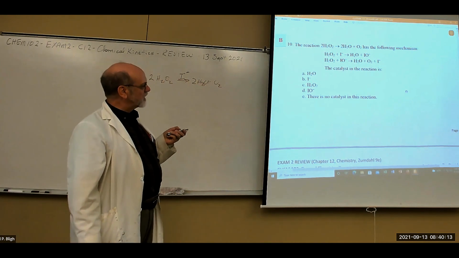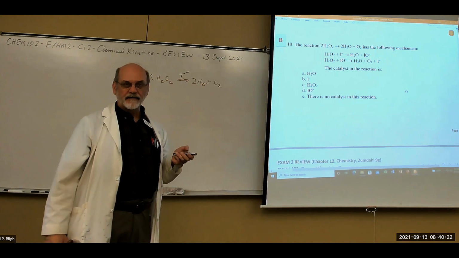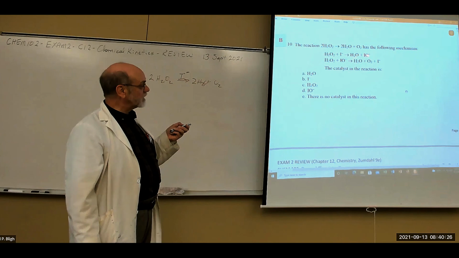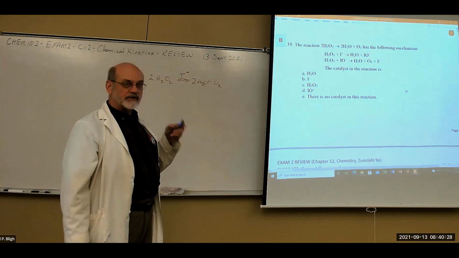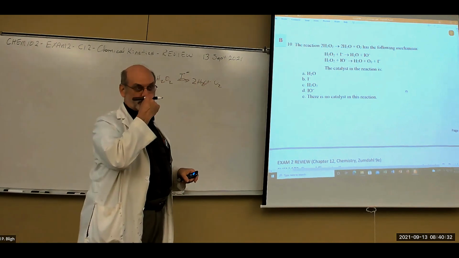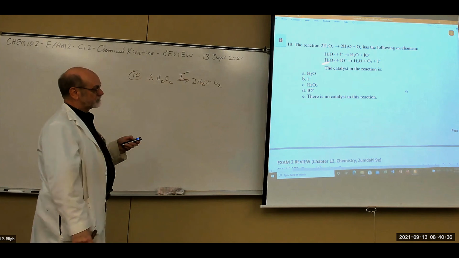Okay. What's this other one? IO minus, because it's not up here. Right? It's there, it's on this side, it's on that side. That's an intermediate. Right? An intermediate of the reaction appears in the reaction and disappears before the reaction is finished. But the catalyst is I minus. Right?